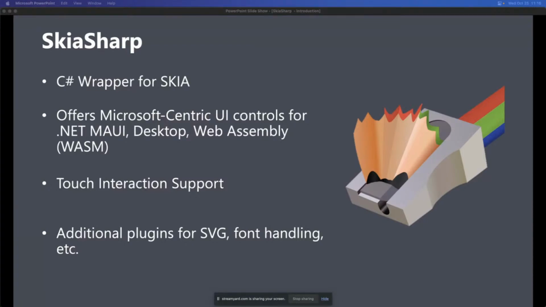Other plugins handle things like fonts. There is a plugin for doing Lottie animations now as well. That's another thing that's pretty popular, SVG based animations. You could pull in a library and run Lottie animations straight from there, and a bunch of other cool stuff.